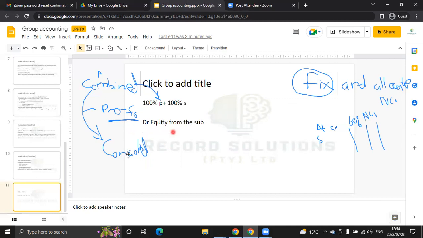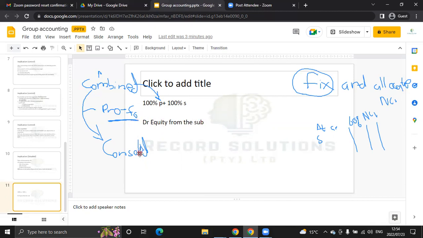The reason we are debiting here is because when the parent added the subsidiary's records, the parent also added all of their equity, right? So how do you eliminate that equity? You eliminate it by debiting it. If it was a debit balance, you're going to credit. If it was a credit balance, you're going to debit, right? That's the first thing you do.